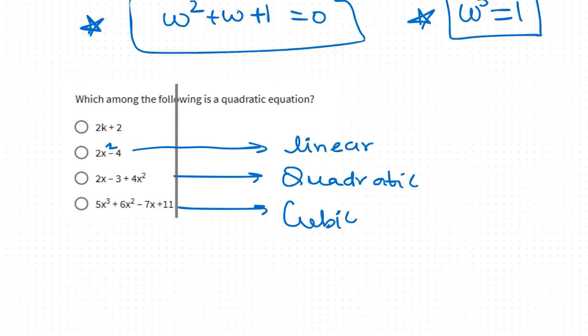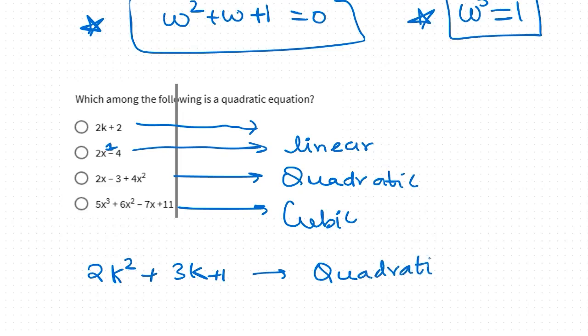What is this? There is no x. Even though we've been doing it about x, it's not like that. The thing is, it's about the variable. Even if you write 2k square plus 3k plus 1, this is a quadratic.